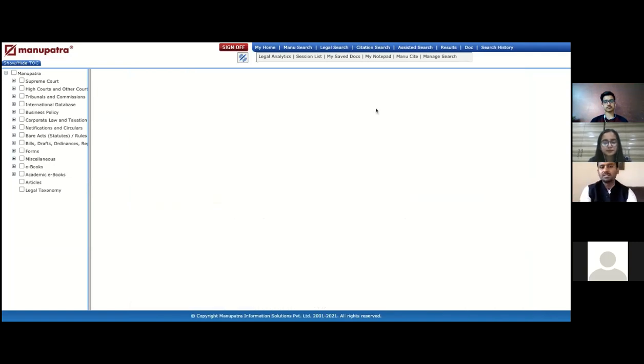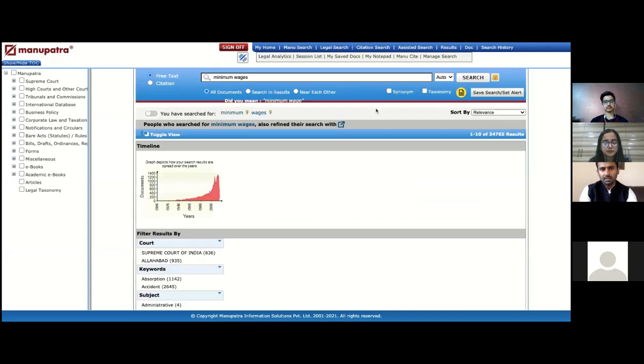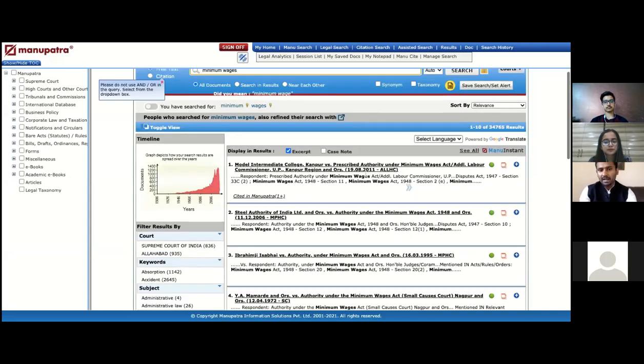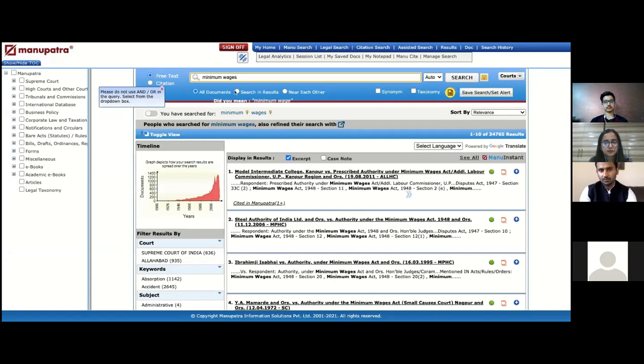Once I type in this query, if I feel that I need to filter it further, I'll search in the results. So in my case, the bench had posed me this query: minimum wages that you are asking for your client, that he's not being paid minimum wages, but the contract of that person says remuneration, whereas the Minimum Wages Act says wages.